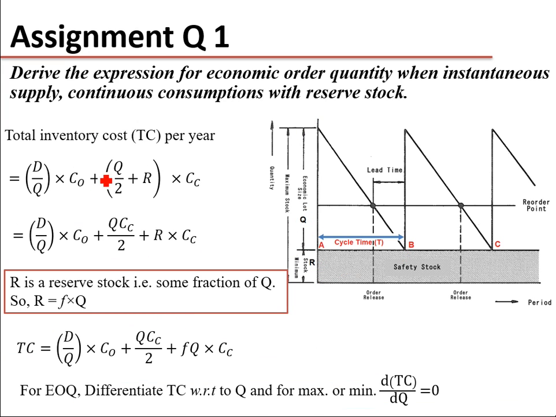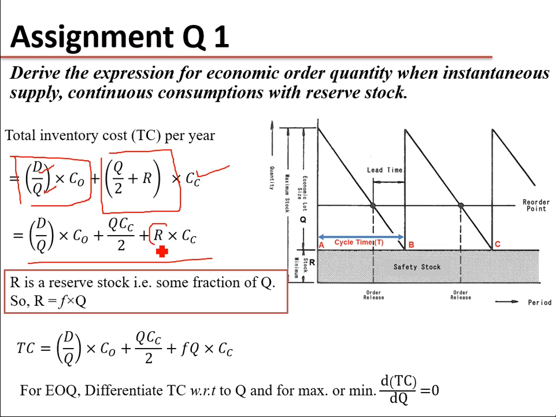The ordering cost is the demand upon the Q quantity into C0, plus the average inventory into the carrying cost per unit per year, C1. We can solve this equation.